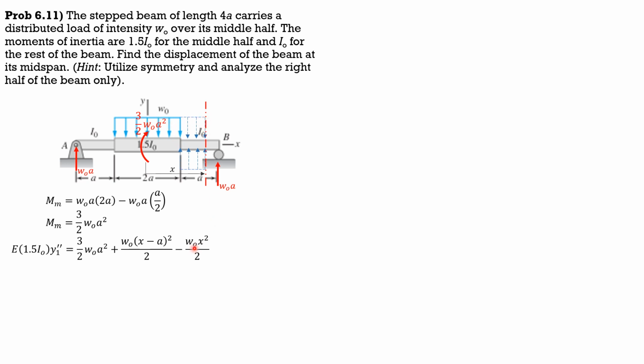So that's why we have minus WO x square over 2. So divide everything by 1.5. So EIO y1 double prime is equal to WOA square plus WO quantity x minus A square over 3 minus WO x square over 3.